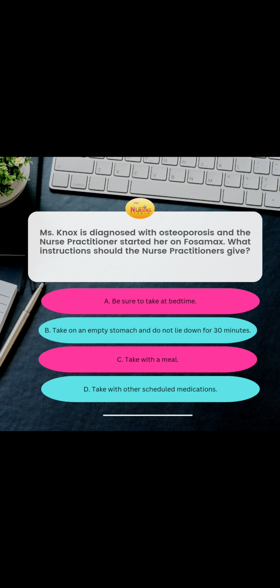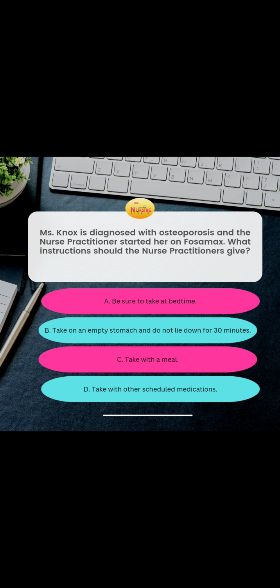Reason being, common side effects are GI upset and esophageal irritation, right? So we want them to take this on an empty stomach, tell them to drink a full glass of water behind it, don't eat anything else, and don't lie down, don't sit down for 30 minutes. So commonly you'll hear providers tell the patient, just take a 30-minute walk so that you're sure that you're not lying down.